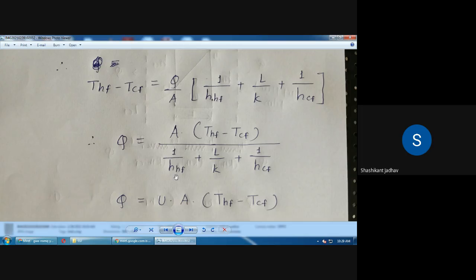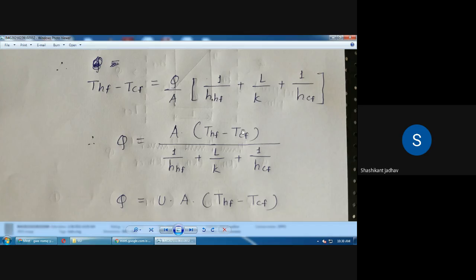So remaining term is equal to U. What is the remaining term? Remaining term is nothing but 1 divided by bracket 1 upon HHF plus L by K plus 1 upon HCF. So that term is nothing but overall heat transfer coefficient for that particular system.